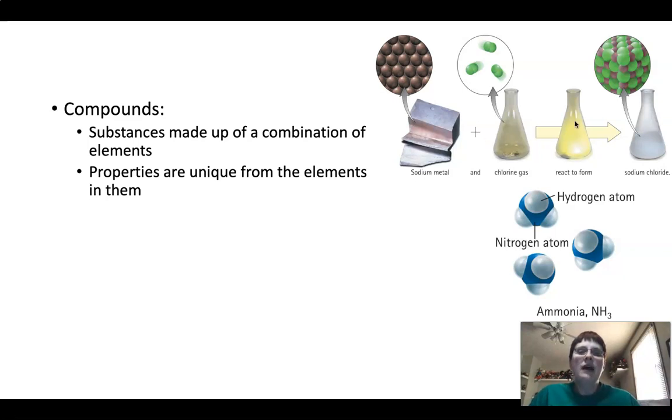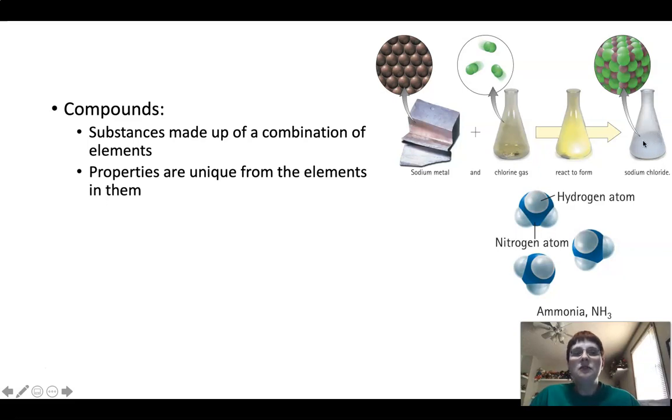So we've got an explosive metal and a deadly gas, and when they react together, they end up forming sodium chloride, or something that you might know more as table salt. Something that is not toxic to us, not really harmful to us, obviously, unless we have it in very high concentrations. And not only that, something that's essential to us.